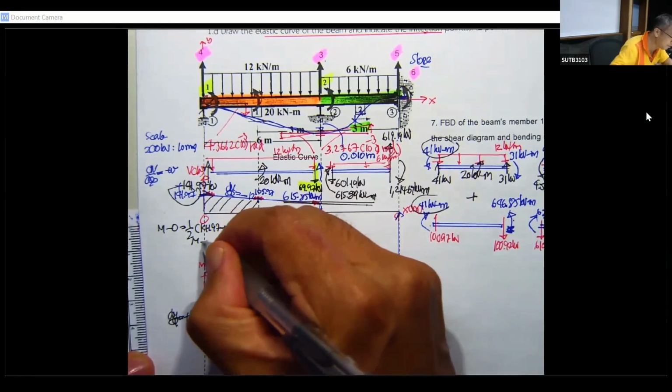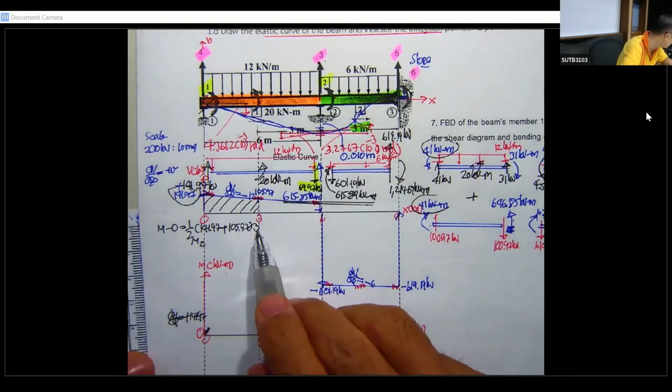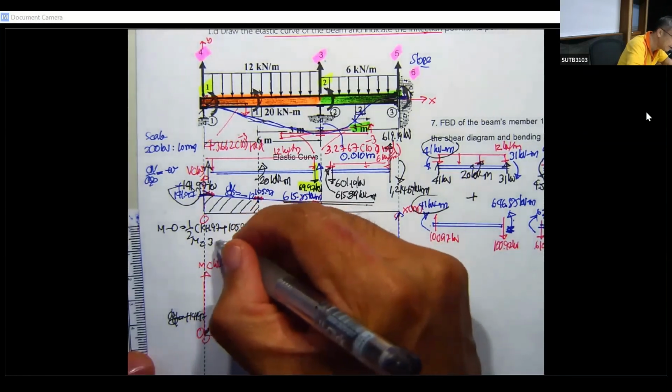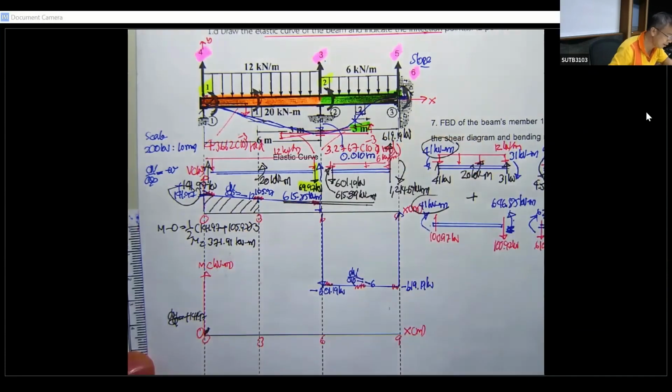The moment is going to be the sum of this and times 1.5. I get 371.91 kilonewton meter.